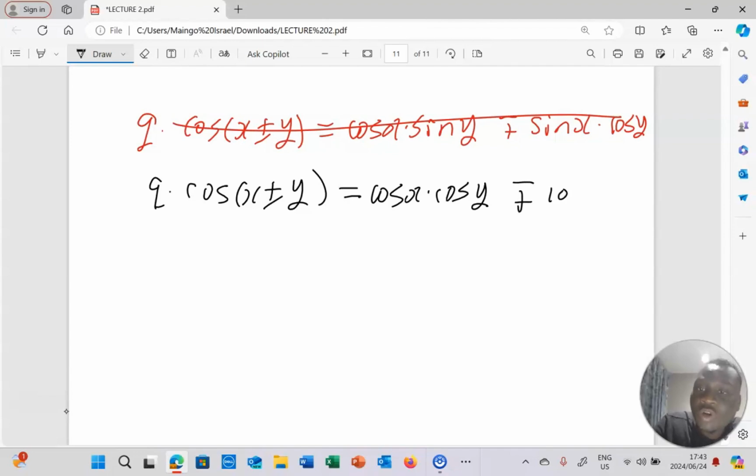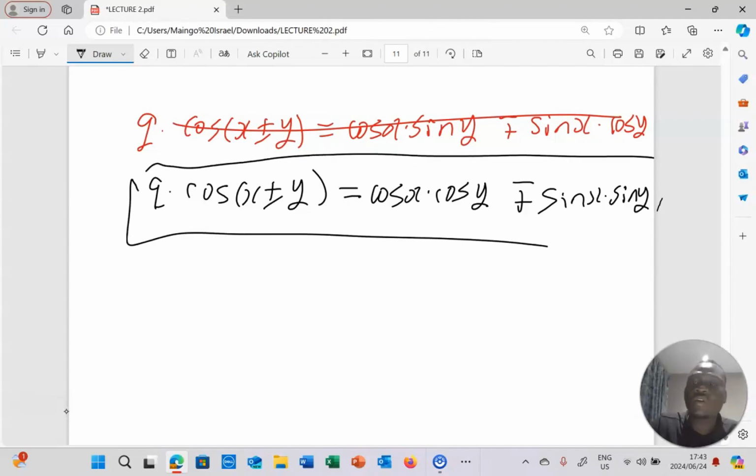Then it should be sine x times sine y. So that's how we do it. I wanted to rectify this mistake, and this is the correct notation.